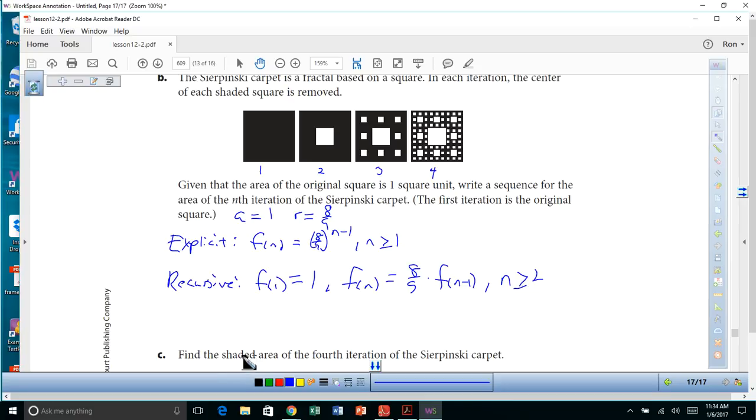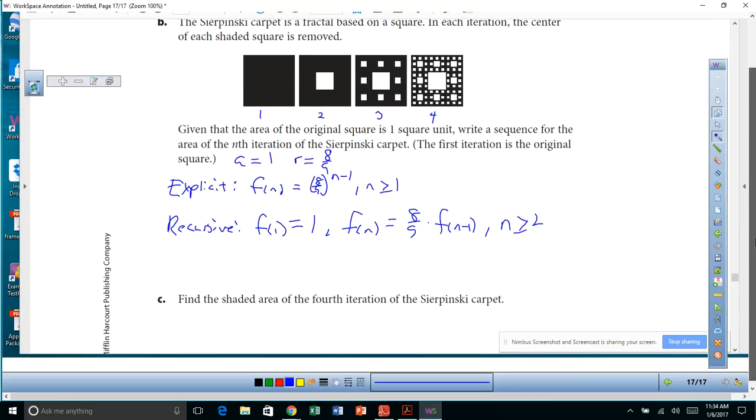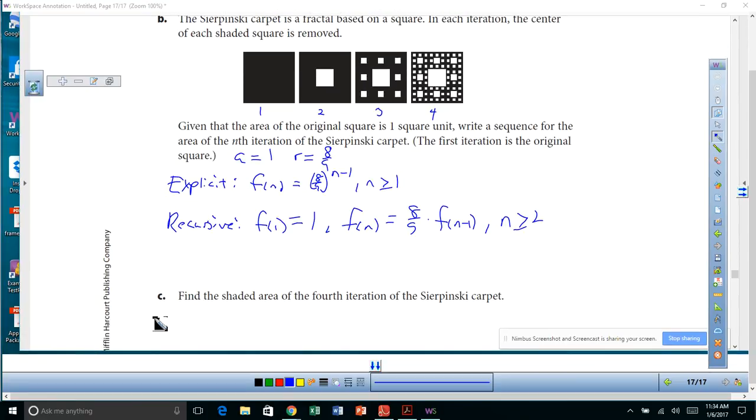Now it says find the shaded area of the fourth iteration of the Sierpinski carpet. So F of 4 equals 8/9 to the 4 minus 1.